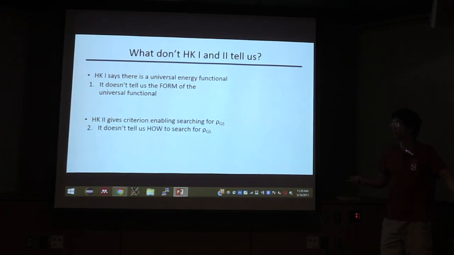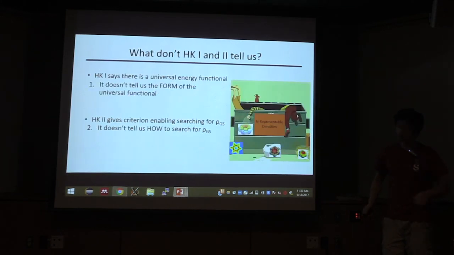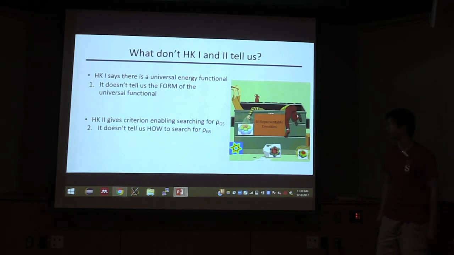And HK2 doesn't tell us how to search for the ground state density. As I mentioned earlier, our search space is a little smaller because we're looking only in the same N-representable set. But within that N-representable set, it's not really practical to just compare each and every density to each other, right? So it's not the best strategy.